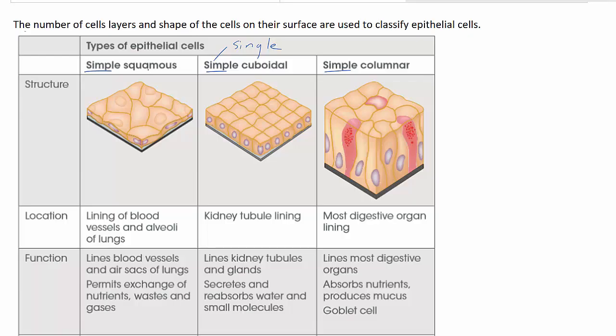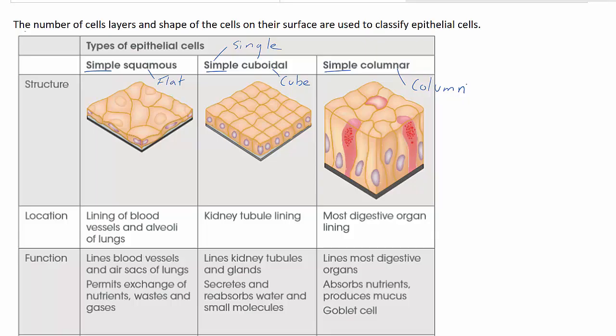So squamous refers to the fact that these cells are flat, so a single layer of flat cells. Whereas cuboidal, you can see that these cells are more cube-shaped, and of course the columnar cells are tall and arranged like columns. Now the structure of each of these tissues very much relates to its function.